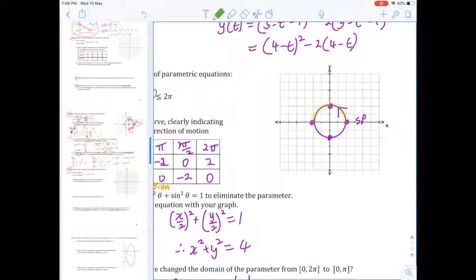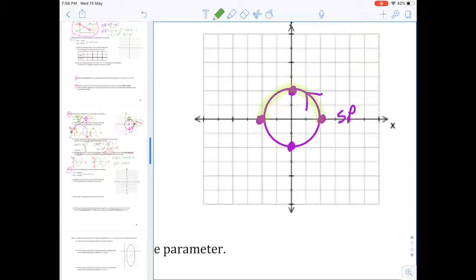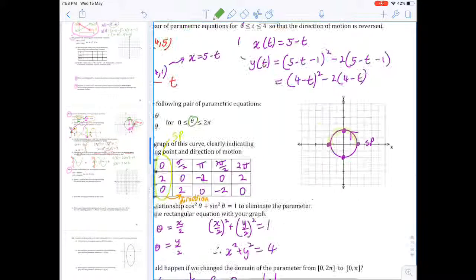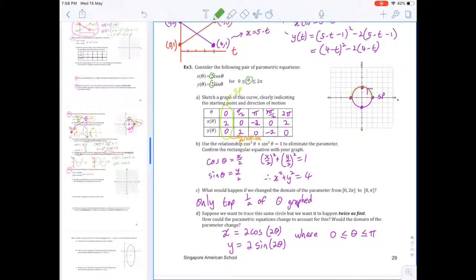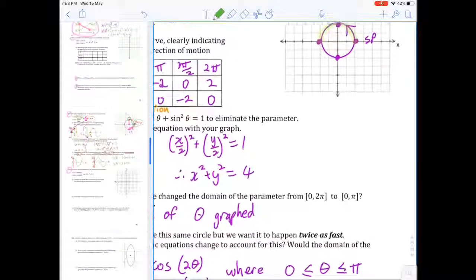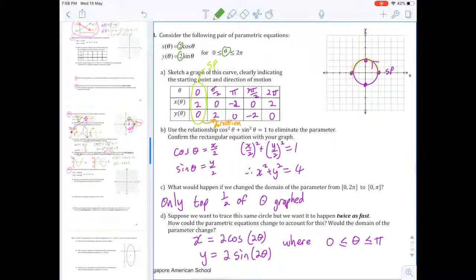That implies a circle. This particular circle is centered at the origin, and so all of the rest of the example is the same. What I wanted to draw your attention to was this. So what would happen if we changed the domain of the parameter from 0 to 2 pi instead to 0 to pi?